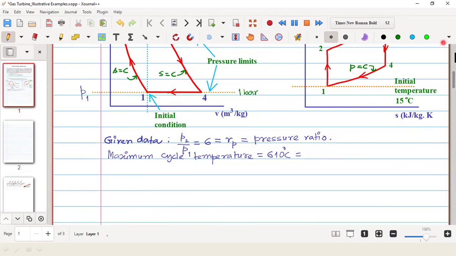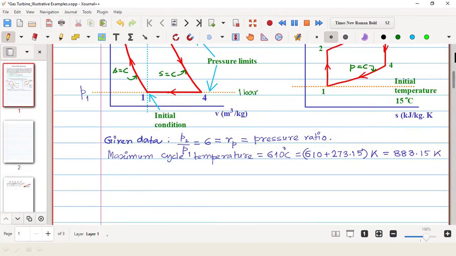So we have to use the absolute temperature. It is 610 plus 273.15 Kelvin, which is 883.15 Kelvin.